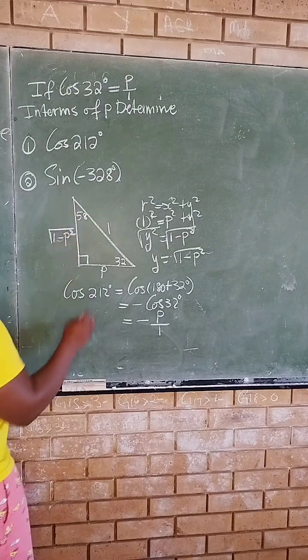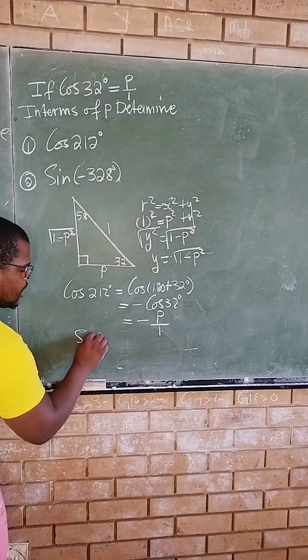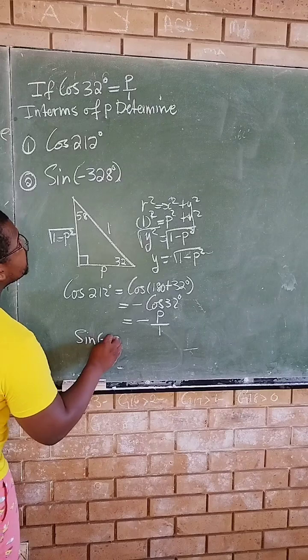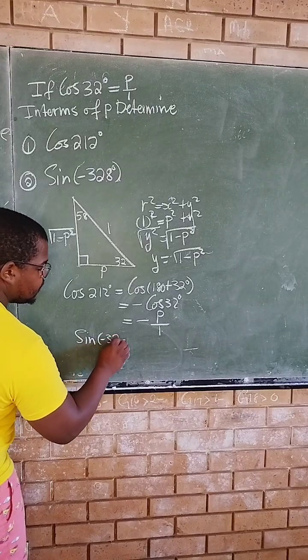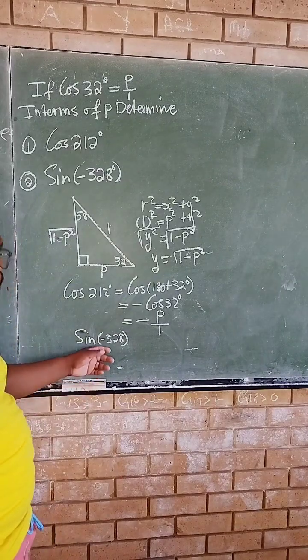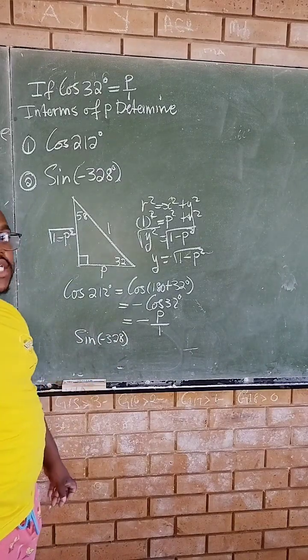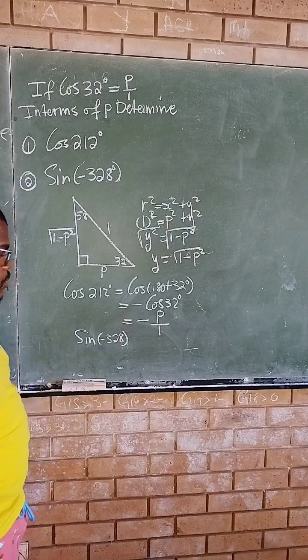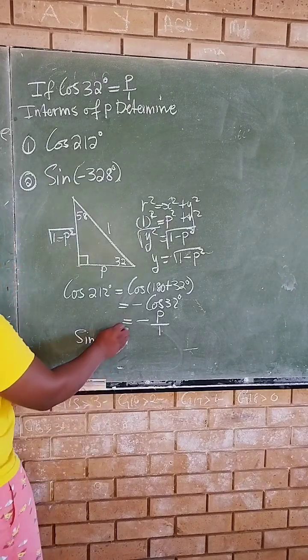Then the second one, we have sine of negative 328, okay? Now in this one, there are two ways of which you can do it. One, you can add 360.